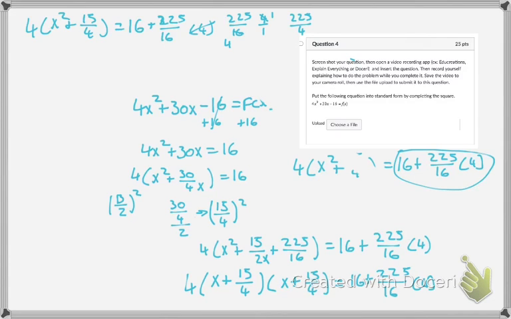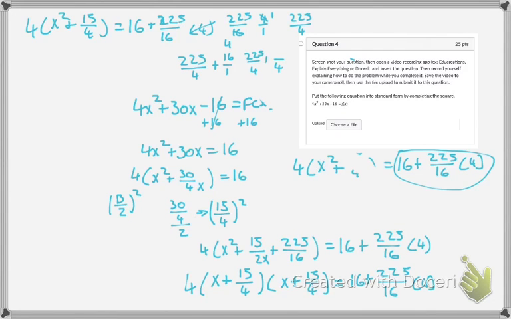So 225 over 4 plus 16 over 1. You have to add like fractions with the least common denominator, 4.